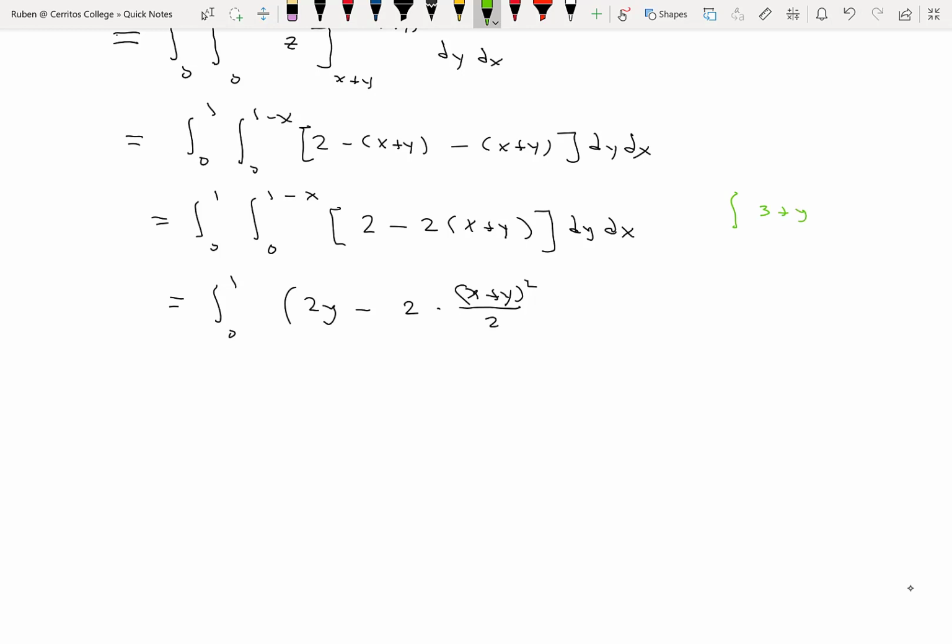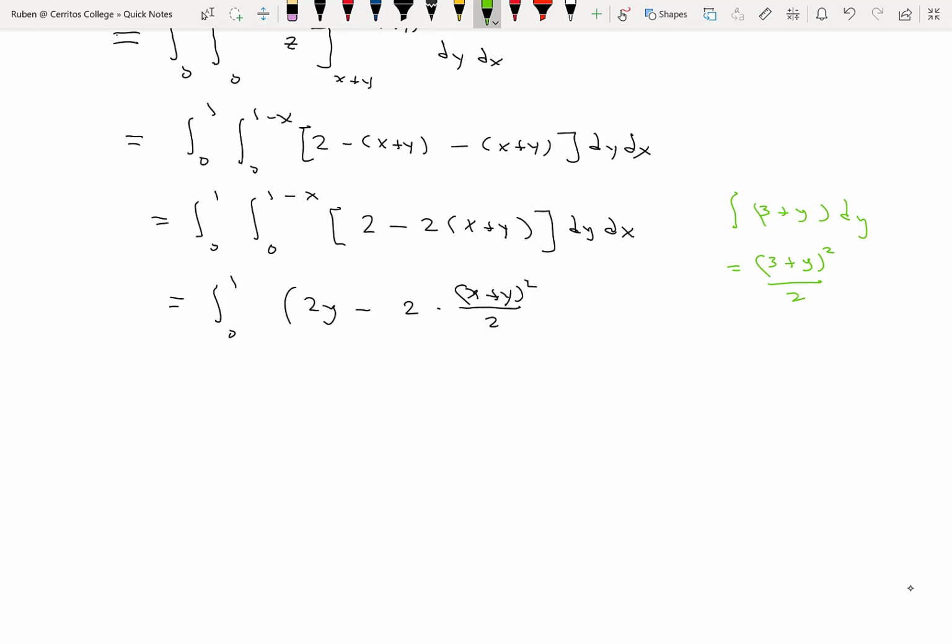3 plus y with respect to y instead of x plus y, and you want to make u equal to 3 plus y, then this would be u squared over 2, because you would be integrating u du.